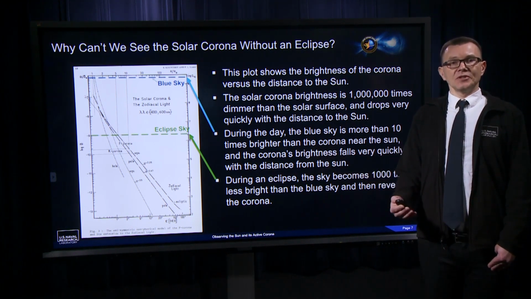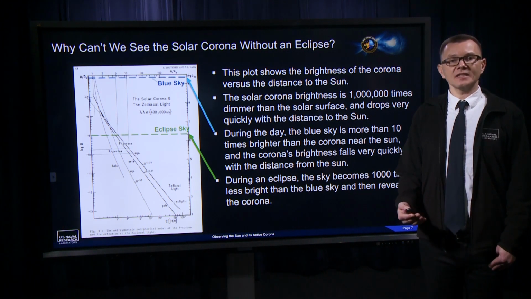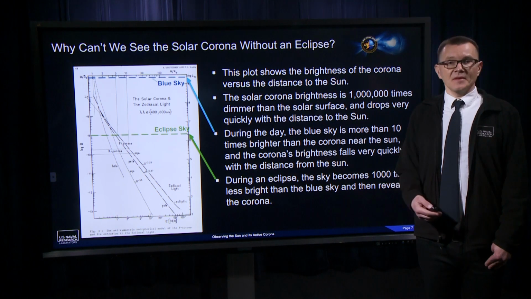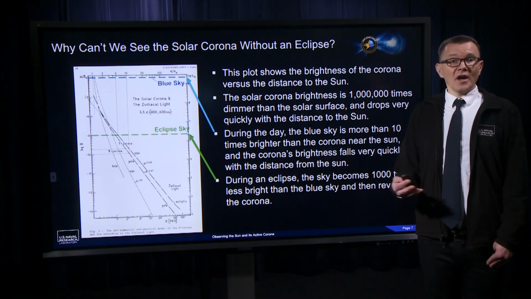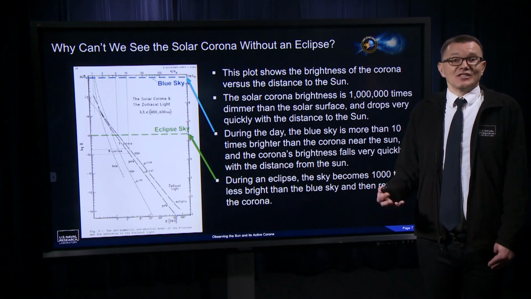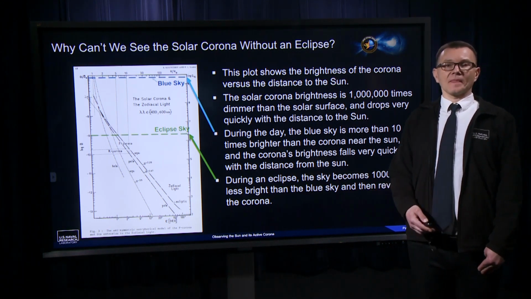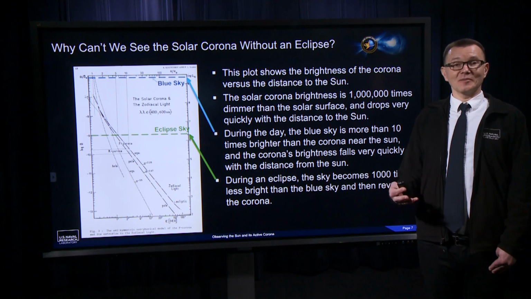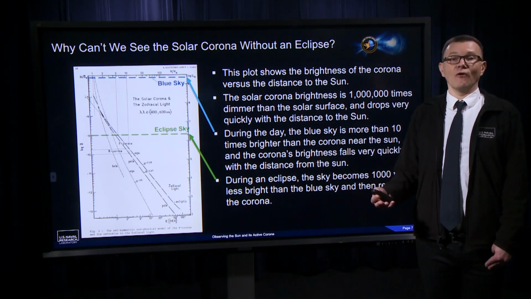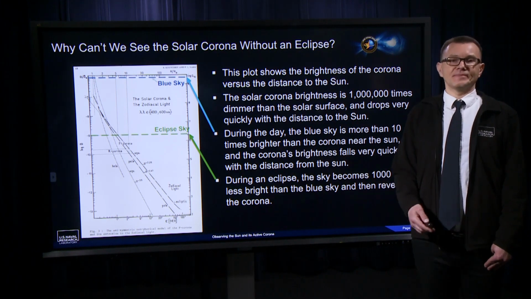At the top, the horizontal blue dashed line gives the brightness of the blue sky during the day. The corona is way dimmer compared to the blue sky, which explains why it is not visible during the day. On the other hand, during eclipses, the blue sky background drops by a factor 1,000, and therefore the corona is revealed.